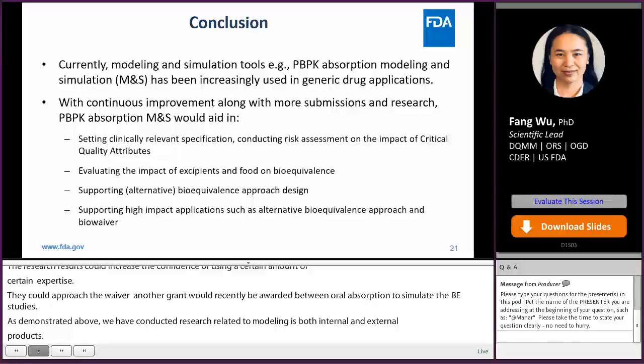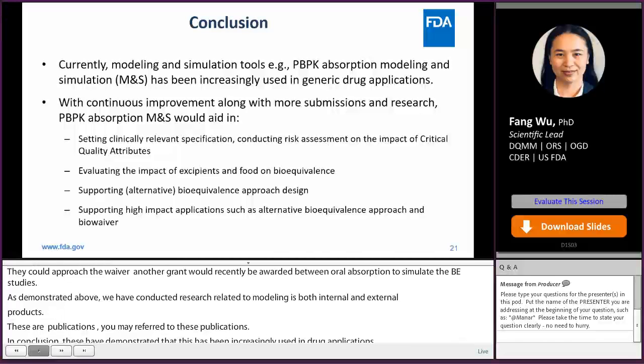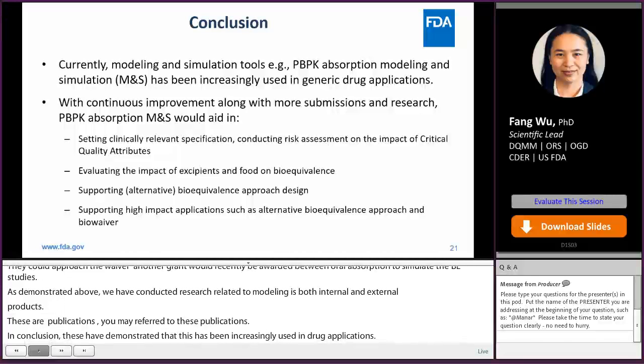In conclusion, these cases demonstrated that PBPK absorption modeling and simulation have been increasingly used in generic drug applications. With continuous improvement along with more submissions and research, PBPK absorption modeling and simulation would aid in setting clinically relevant specifications, conducting risk assessment on the impact of critical quality attributes, evaluating the impact of excipients and food on bioequivalence, and supporting high-impact applications such as alternative BE approaches and biowaiver.